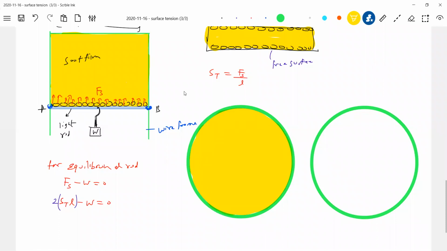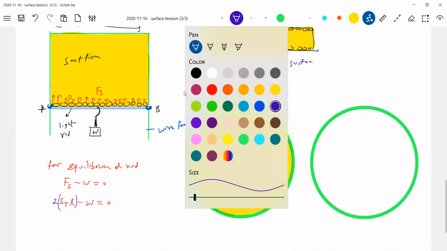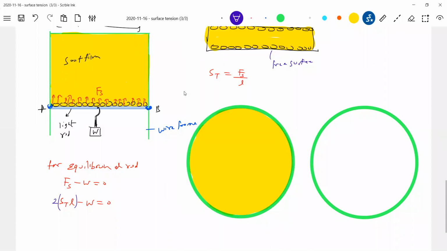What I do is I'll go for a thread. There's a thread I placed. Okay, there's a frame. You can hold it. I dipped it in this one.